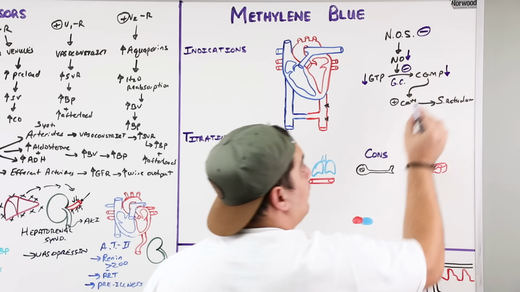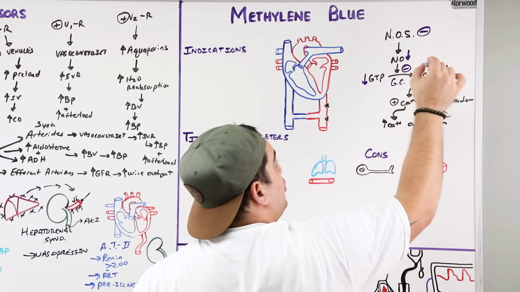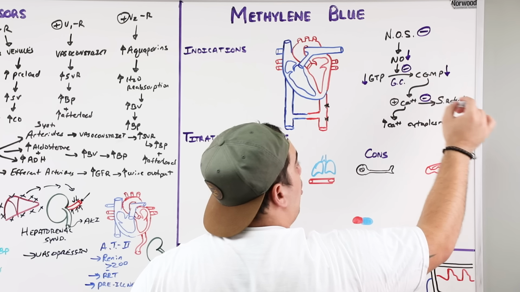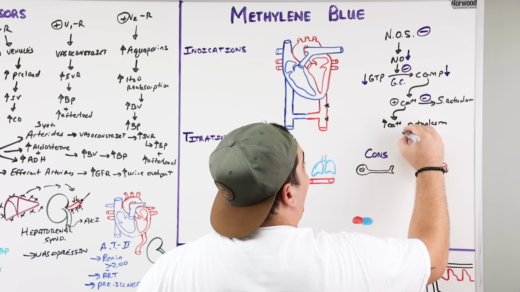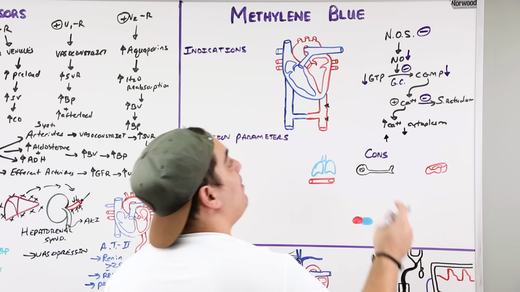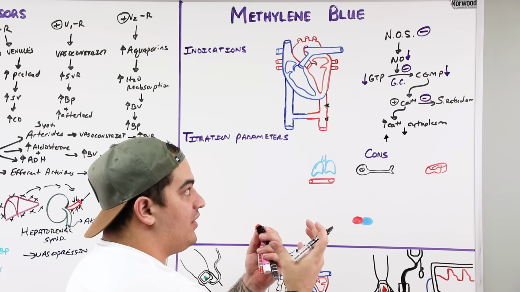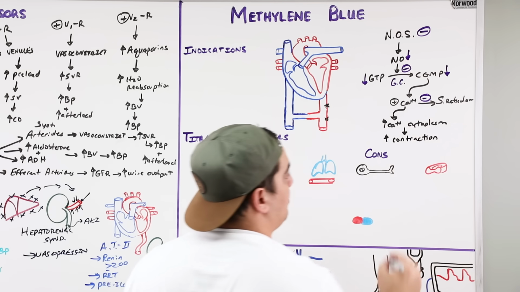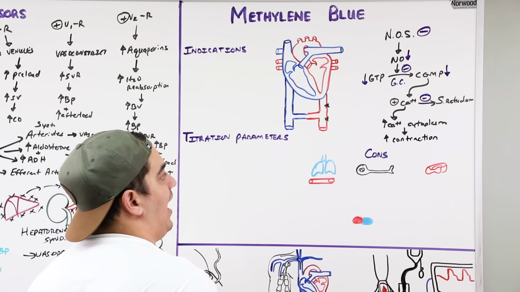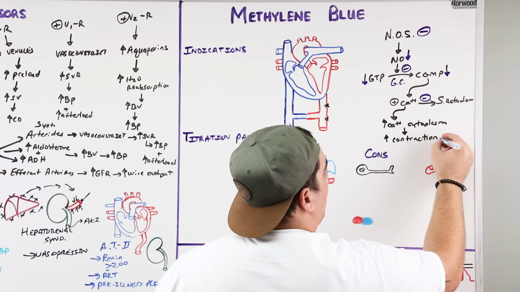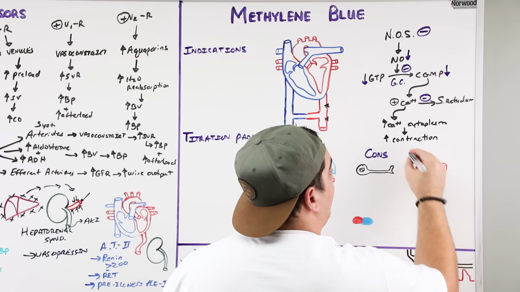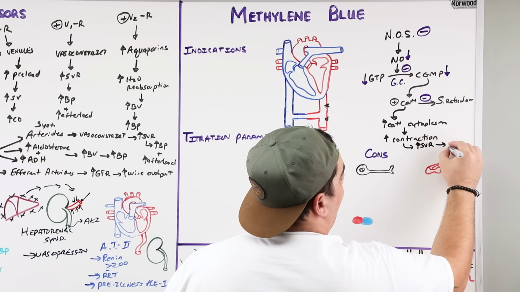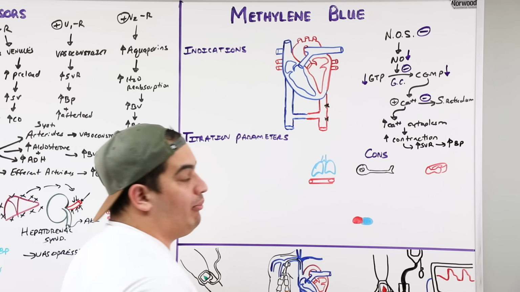Inhibits the nitric oxide synthase, less nitric oxide, less conversion of GTP to cyclic GMP, less calcium pushed into the sarcoplasmic reticulum, more calcium in the cytoplasm. And then you're going to have more calcium binding to the actual components of the sarcomere and increasing the contraction of that smooth muscle. And what's going to be the result of that? If I contract the smooth muscle, I'm going to cause vasoconstriction. If I cause vasoconstriction, I increase systemic vascular resistance and effectively increase the blood pressure.